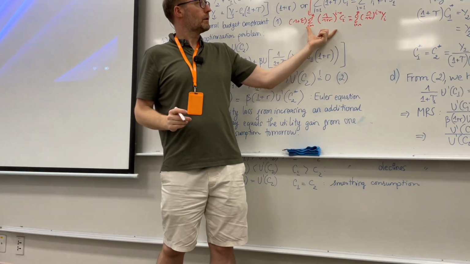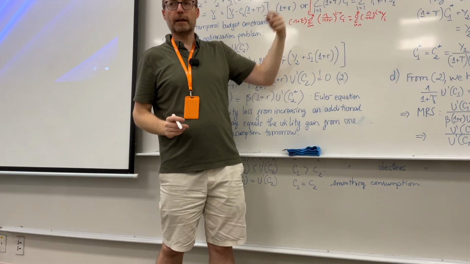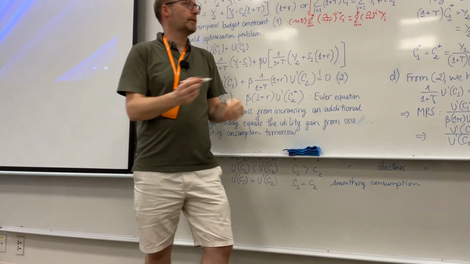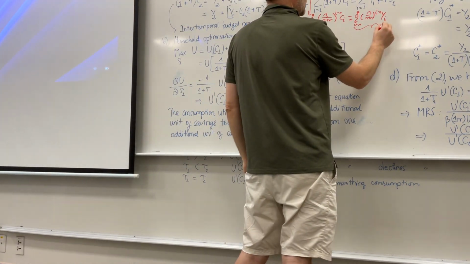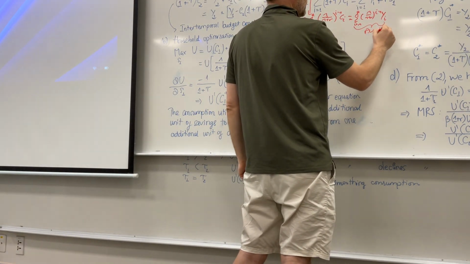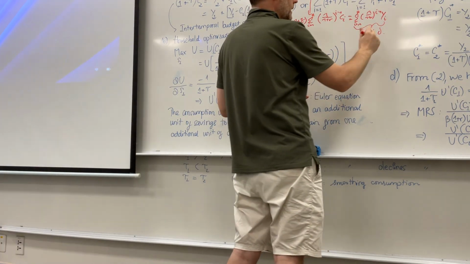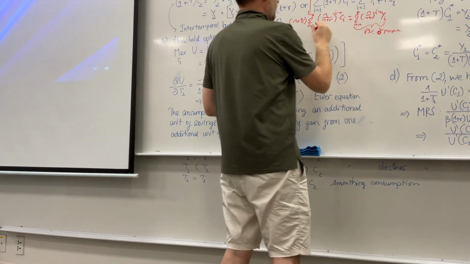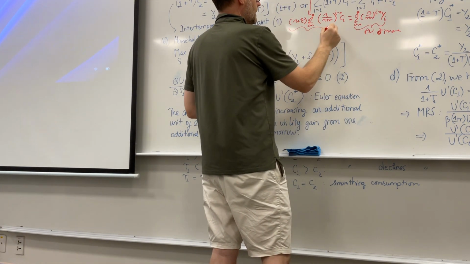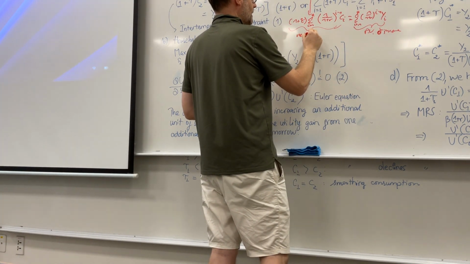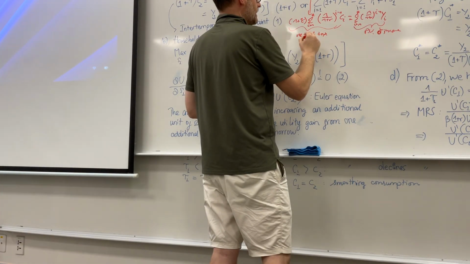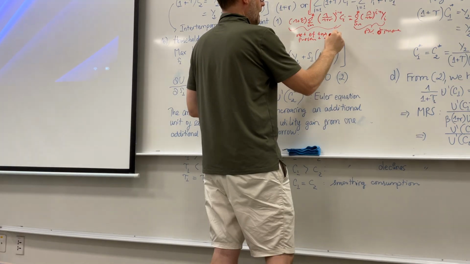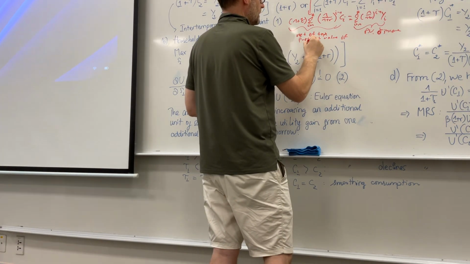Here we see, if we go instead of 2 to 3 to 4 to any arbitrary t, we have this discounting, that's the present values. This gives us the present value from the perspective of period 1 of income. And this is the net of tax present value of consumption.